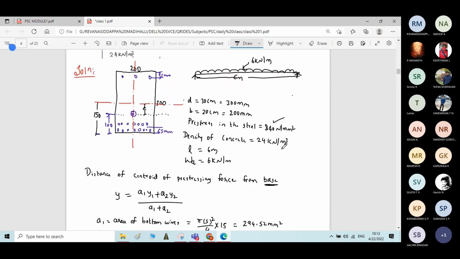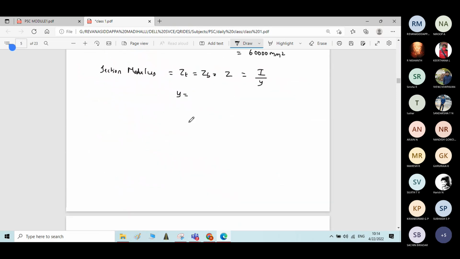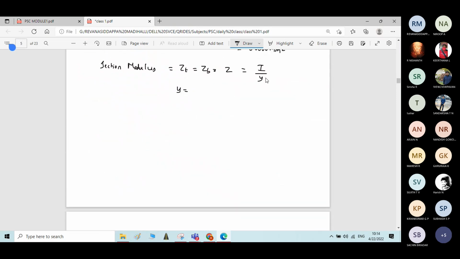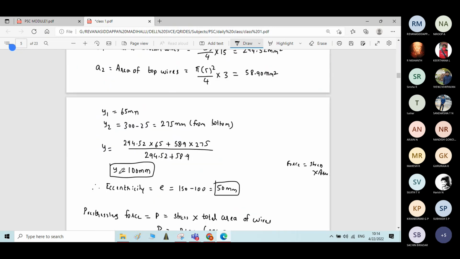It is symmetric about X axis. So Y will be directly equal to D by 2. I'm sorry, this Y is nothing but the distance of centroidal axis from top fiber or the bottom fiber. Whatever the Y we have calculated before, this Y is the distance of centroid of prestressing force from the bottom fiber.